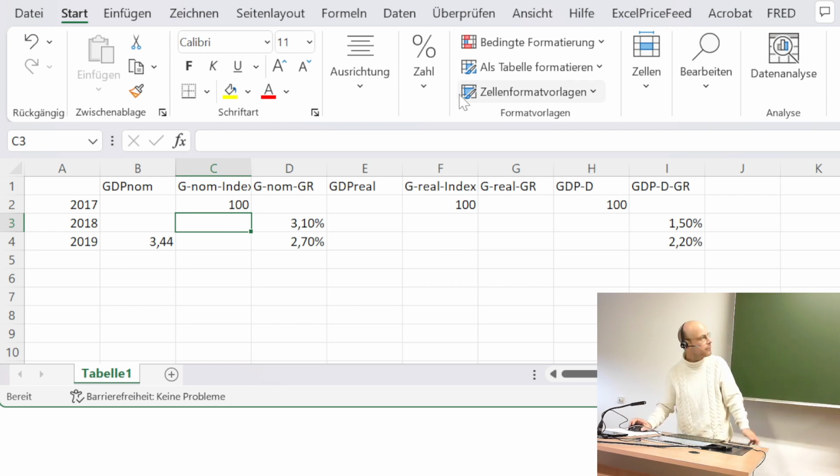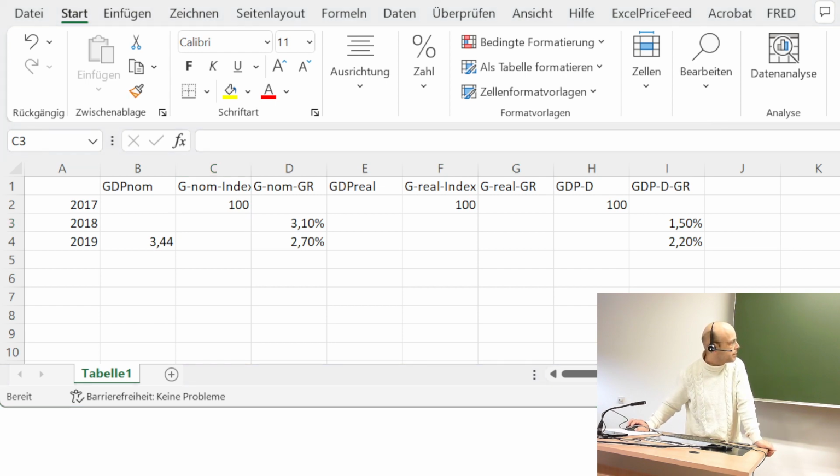Any idea? I have to open the chat or open your microphones, because in this lecture hall I can only hardly see the chat. Anybody an idea? Maybe you just type the number, because I think the first number of the development of the index of nominal GDP you can just calculate in your head. If 2017 is 100 and we have a growth rate of 3.1%, then in the next year, what is the index of nominal GDP?